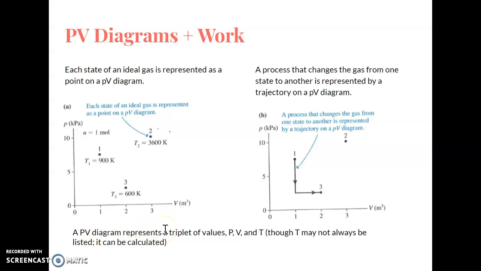That's not always going to be the case, like it is, for example, in this other graph here, where we're told some information about different states, but not here. We're actually not told the temperature. Sometimes we're able to compute the temperature given certain information. Sometimes we need to in order to actually analyze the problem fully.